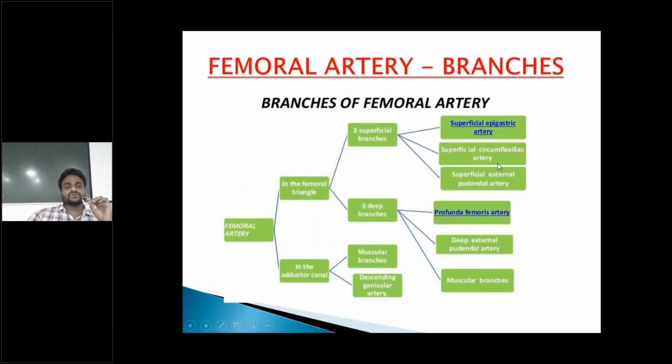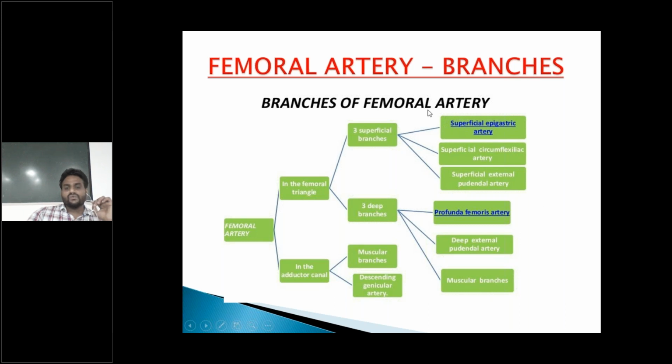What are the two types of branches of femoral artery? Branches in the femoral triangle and branches in the adductor canal. In the femoral triangle: 3 superficial, 3 deep. Name the 3 deep branches: profunda femoris, deep external pudendal, muscular branches.